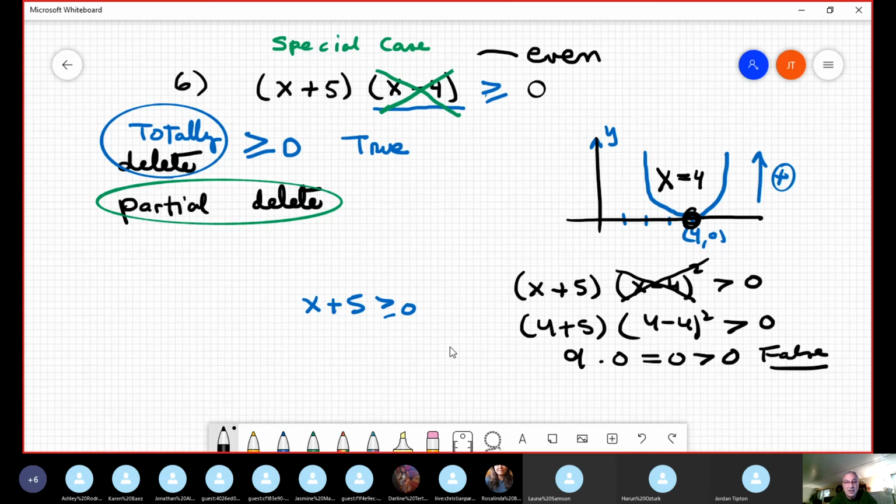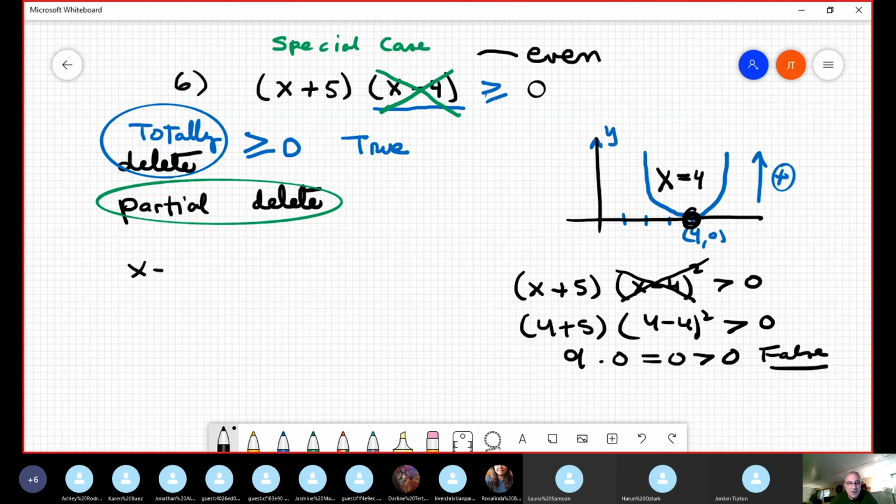And how do you do a partial delete? It's relatively easy. You copy the other binomial, not including 4, because I know that at 4 something weird happens.